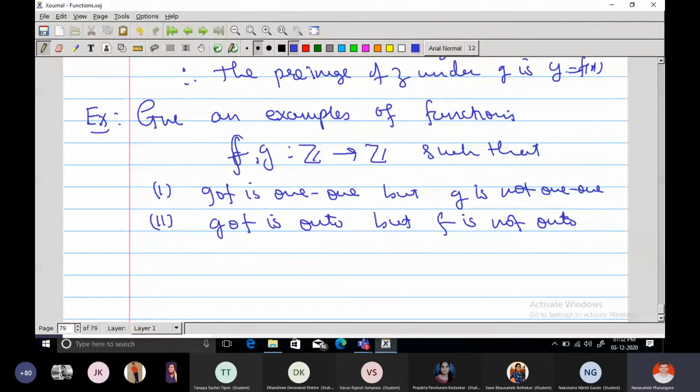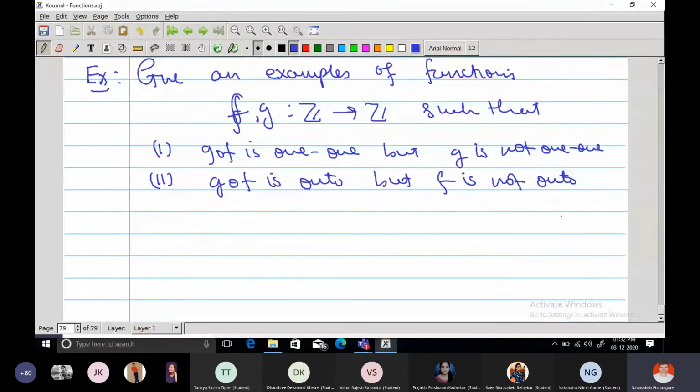So here you try to search for such examples. That means f is from Z to Z and g is from Z to Z, integers to integers. So you can think about such functions and try to find them.